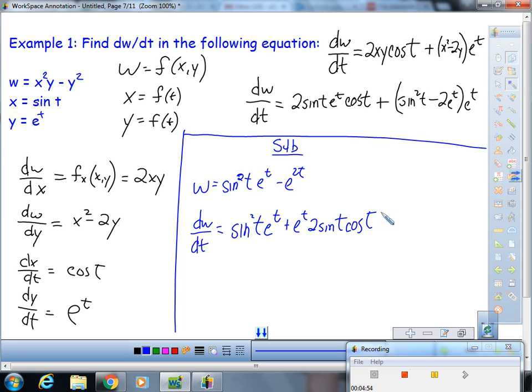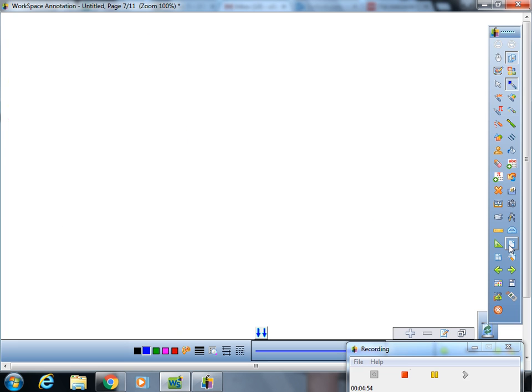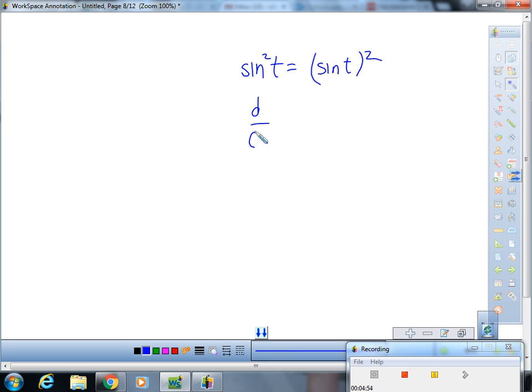Yep. Remember that sine squared of t actually is sine of t, squared. So when we do our old school chain rule, the derivative of this with respect to t is 2 times what's left inside to the first times the derivative of what's inside.